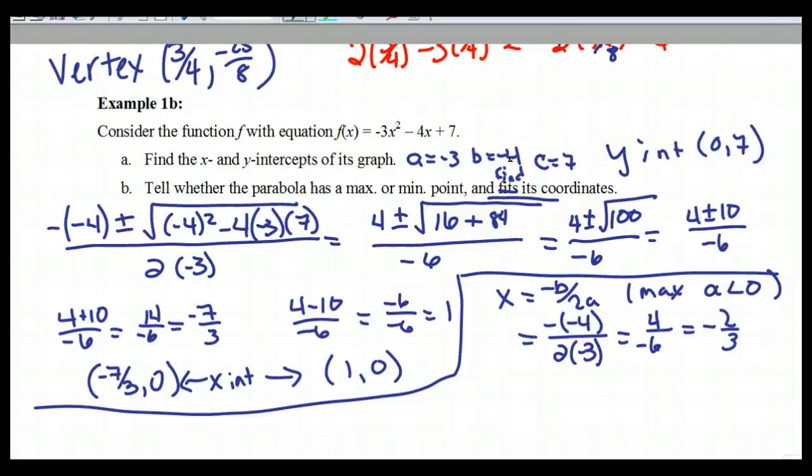Okay, so I'm going to put negative 2/3 into the original equation for f of x. I'm just going to rewrite the original equation first.